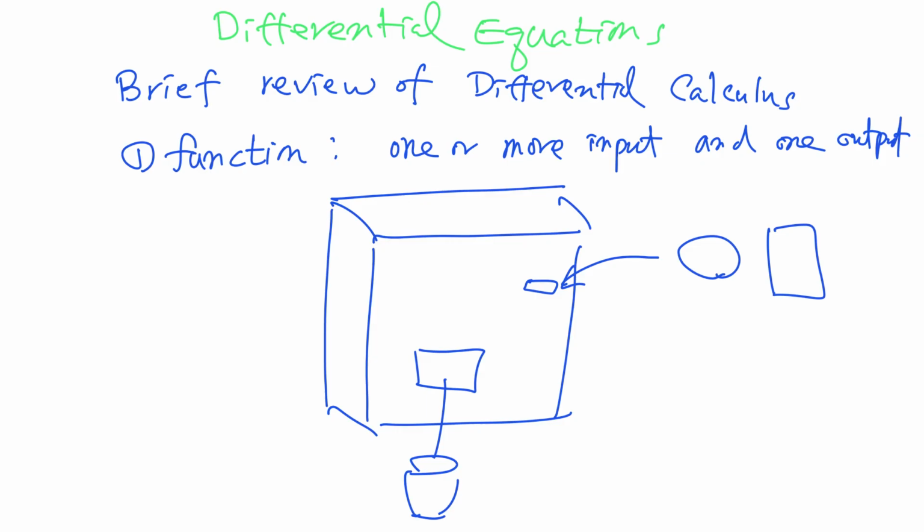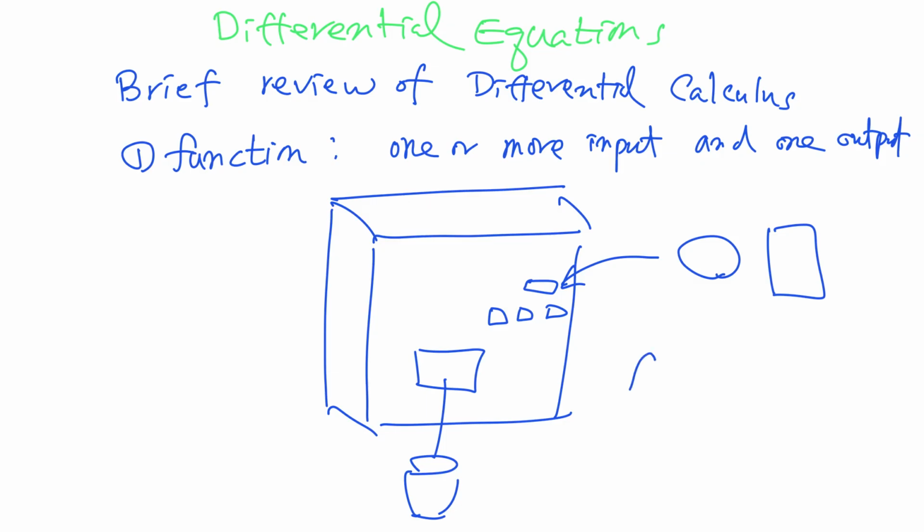And you have selection buttons, of course. So you can put one or maybe, I don't know, 1, 2, 3, several coins, or maybe several paper money, but you always get one cup of coffee. It never comes out as two cups of coffee, right? So a vending machine is a good example of a function. You input one or more numbers, and you get out one output.